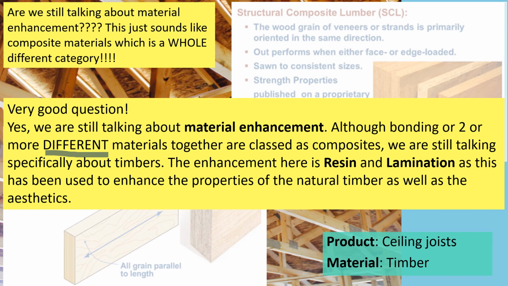So the enhancement here is adding resin to the timber, but we're also talking about lamination, as this has been used to enhance the properties of the natural timbers as well as the aesthetics. So resin and lamination are classed as material enhancement. And when I say resin, I mean adding resin to that natural timber, to improve the properties it already has, to enhance them, to make them better.